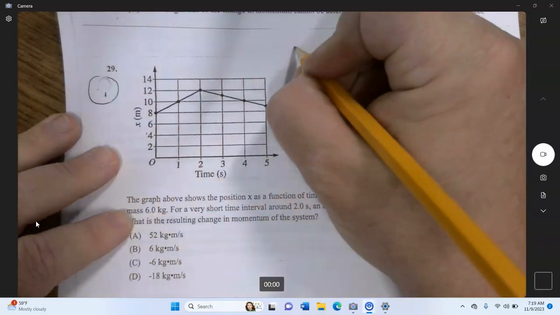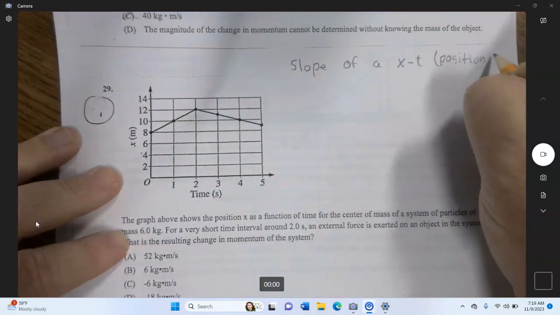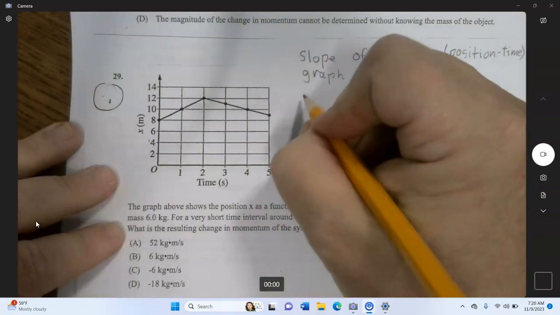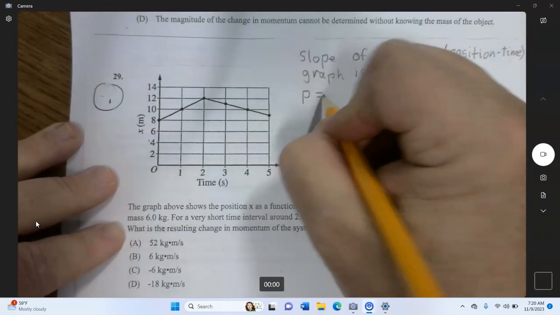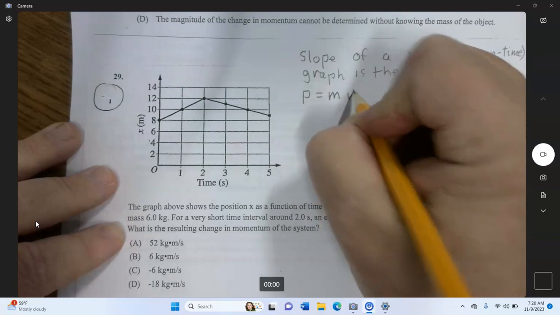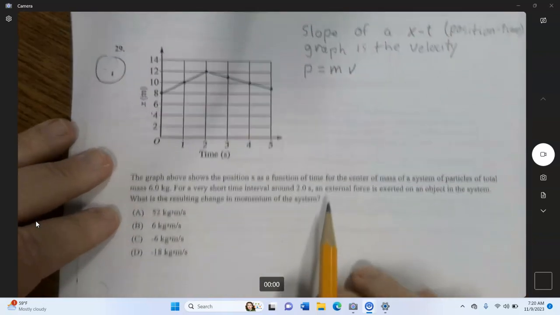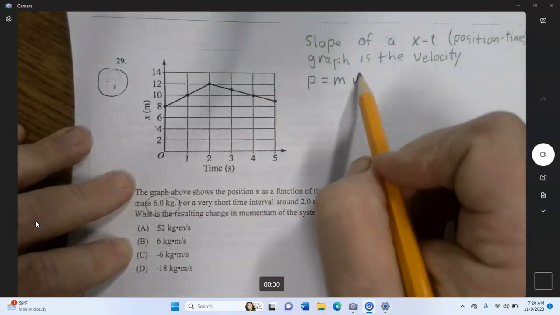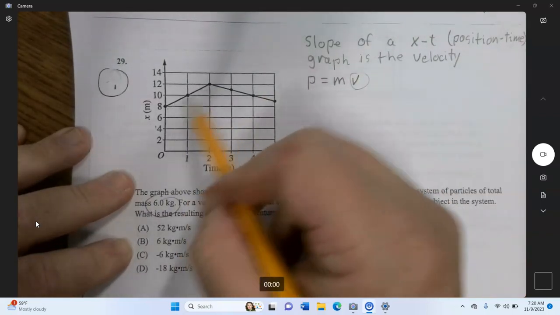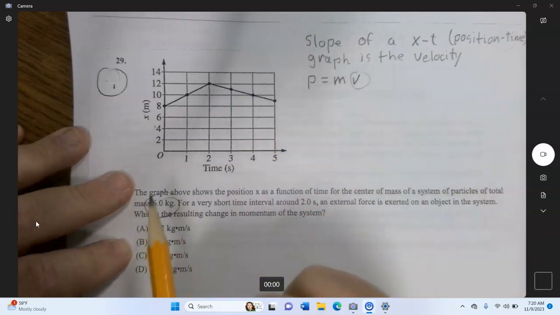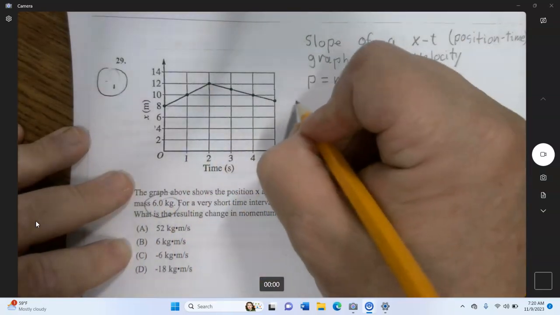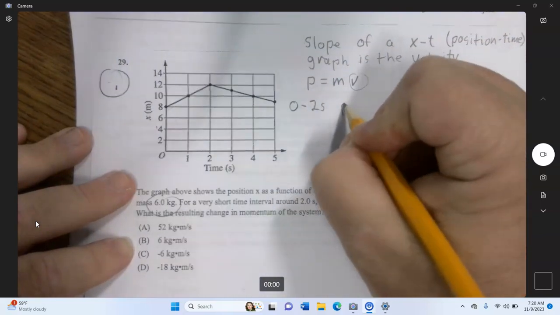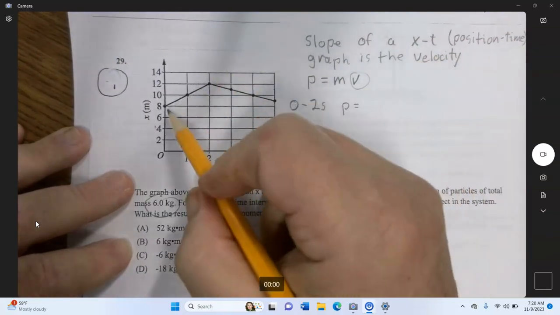So write this down. Okay, and what's the question asking for? Change in momentum. So what is momentum? It's mv. So we're given a mass. They said 6 kilograms, and we can figure out the velocity by the slope of these lines. So from 0 to 2 seconds, the momentum is going to equal the slope of this line.